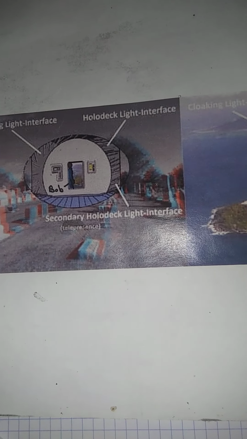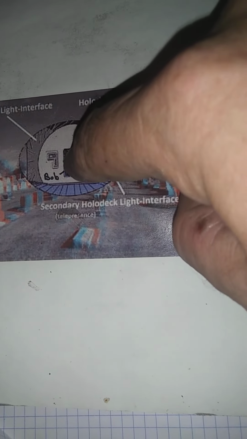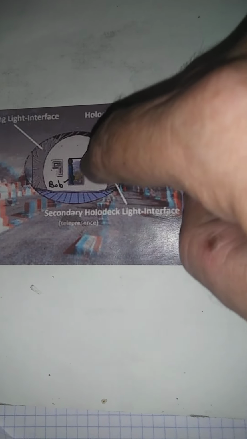And so these are the three basic components of a photographic and televisual telepresent portal: invisibility on the outside, a holodeck on the inside, and a hologram on the inside of the holodeck.